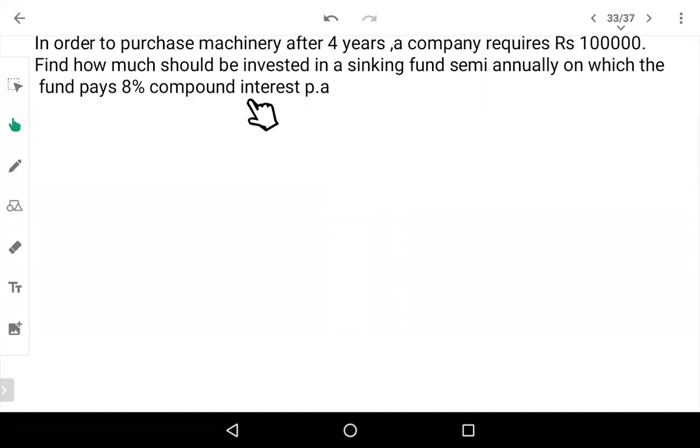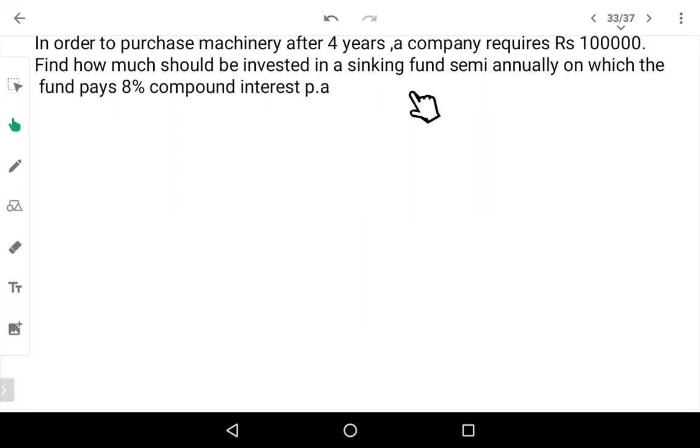So here, what is the reason for saving the money? To purchase the machinery. So to purchase machinery, we are saving money, and after 4 years, the company will require 1 lakh rupees. We are supposed to find out how much should be invested in that sinking fund.